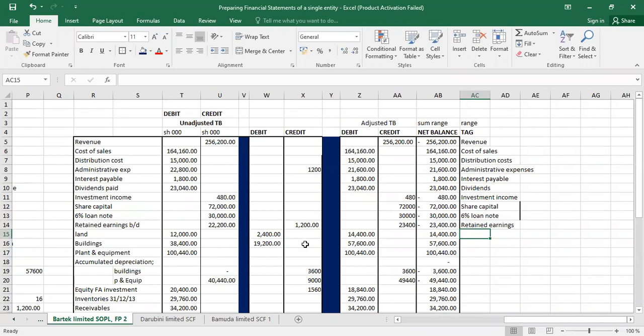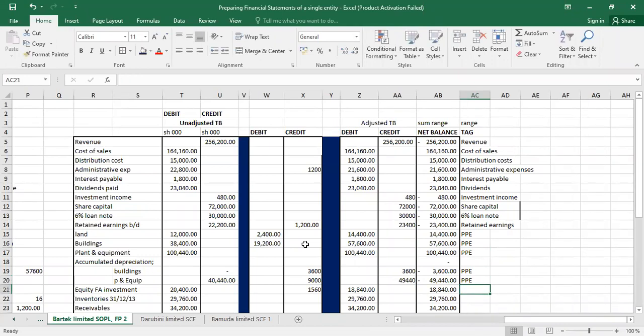So you see land will fall under PPE, property, plant and equipment. Also buildings. Then also plant and equipment. Also accumulated depreciation, because they are a contra asset, they will fall under PPE also.